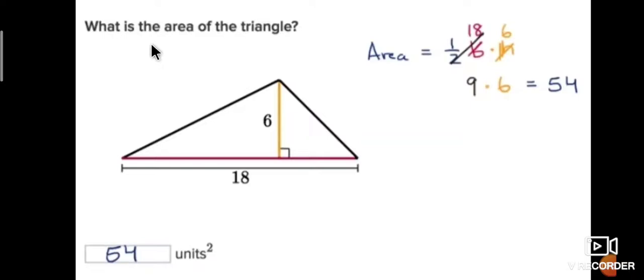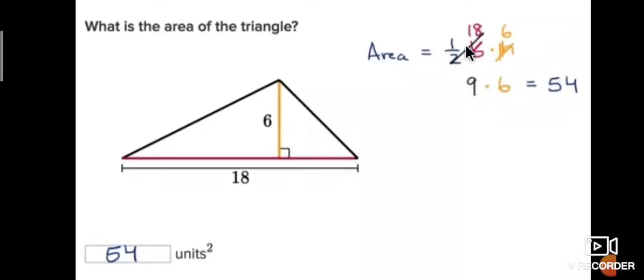Example 1. What is the area of the given triangle? Observe the triangle. The height is given as 6 units and the base is 18 units. Therefore, the area of the triangle is equal to half into base into height, which is half into 18 into 6.